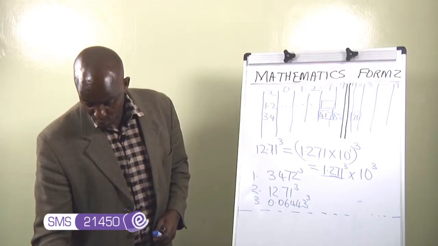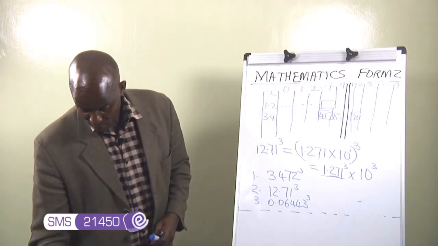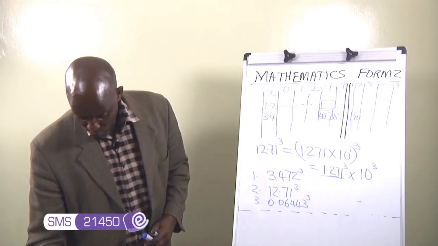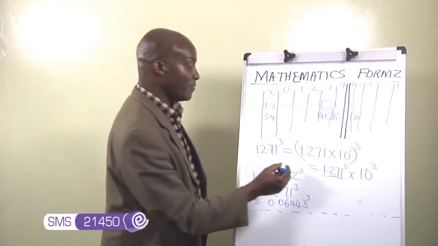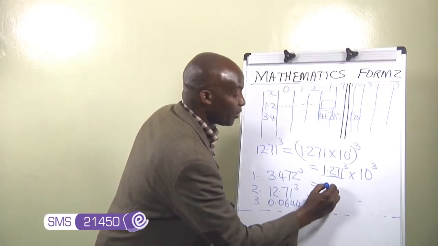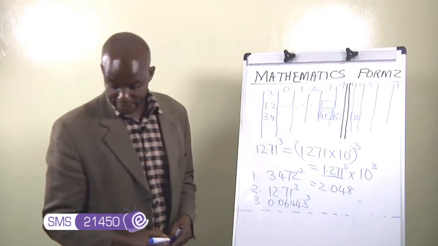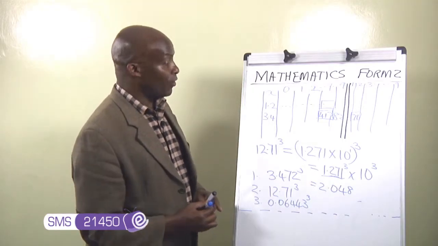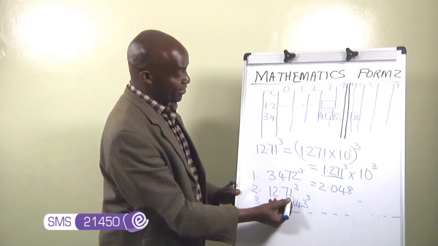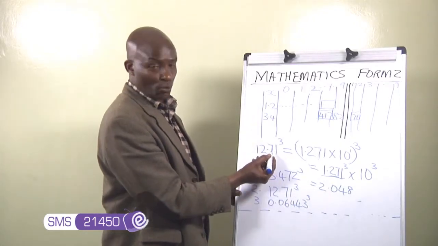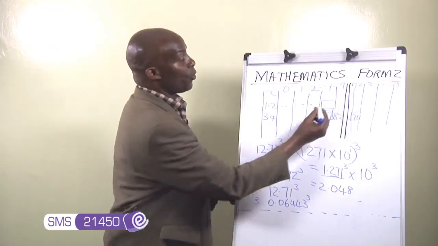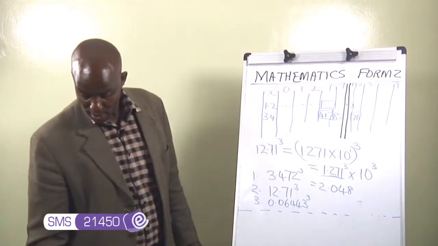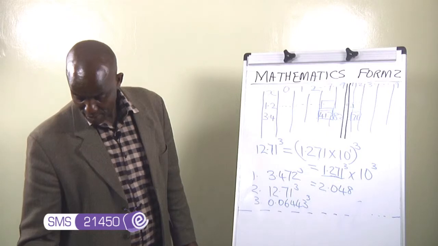So at 1.27, we have the number 2.048. I hope you are getting the same thing. Now we need the fourth significant figure, which is 1. And that one we get from the minor column, and here at the minor column 1, we will find the number 5.